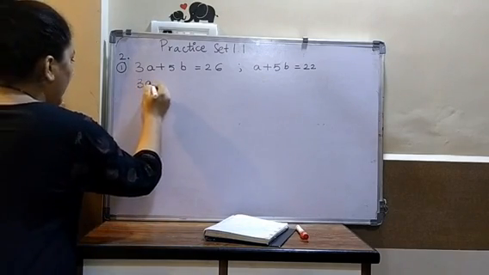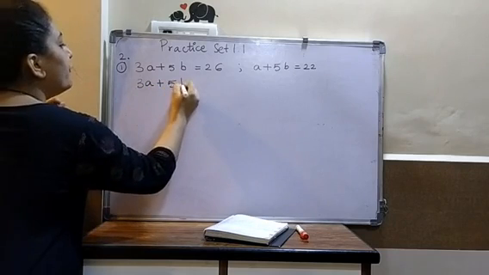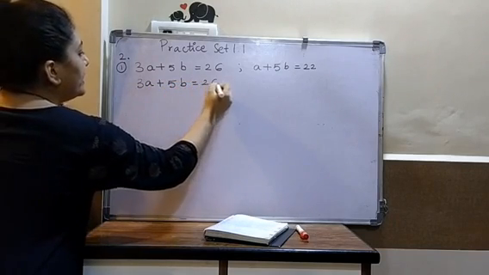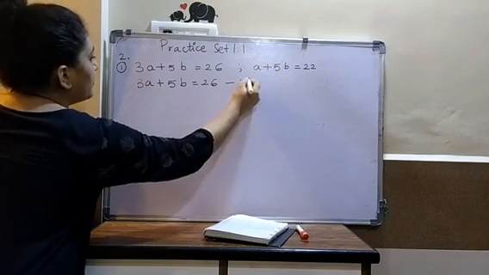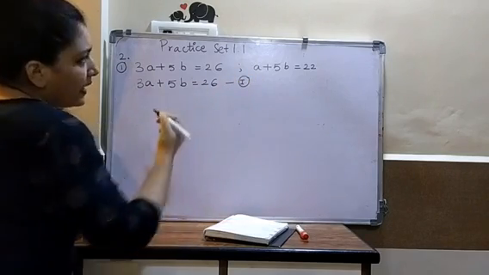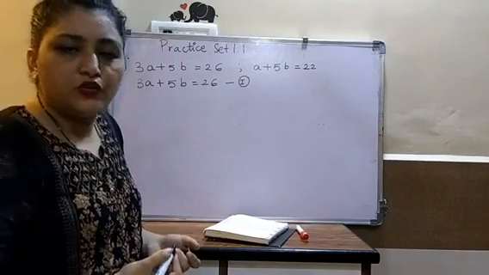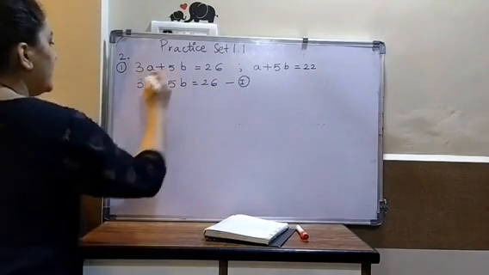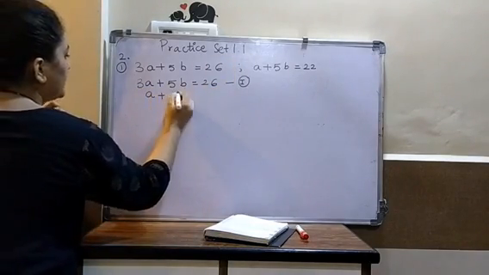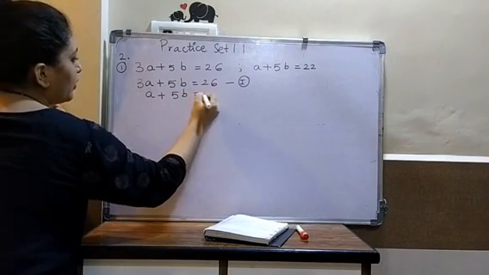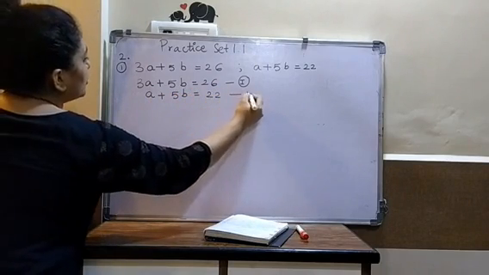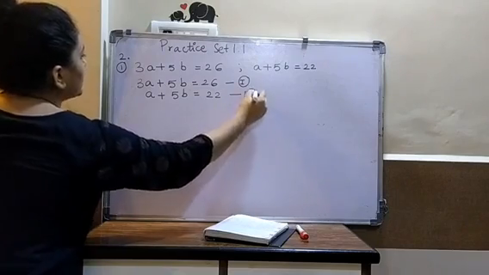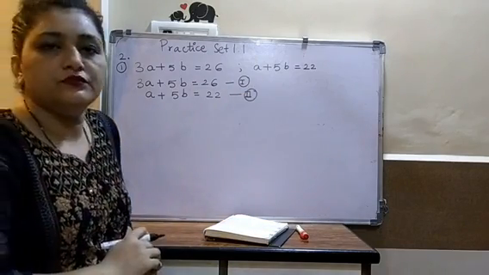So 3a plus 5b is equal to 26 is my equation 1. You can write it in Roman numerals or in plain numbers, no issues. Now the second one, a plus 5b is equal to 22, I take as my equation number 2.